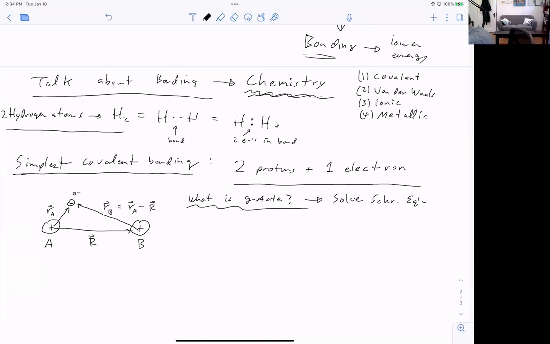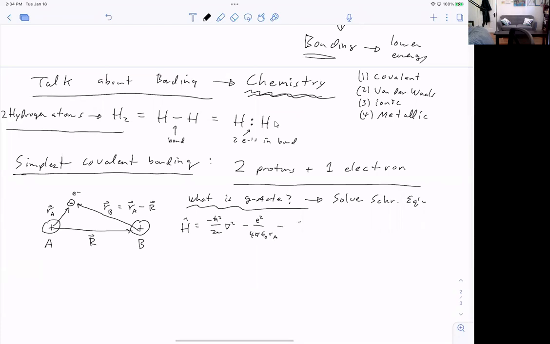And so for the Schrodinger equation, we have to write the Hamiltonian. That comes first. And so we know the Hamiltonian is going to be the kinetic energy of the electron, right? And the electron is going to be attracted to the first nucleus, negative e squared over 4 pi epsilon naught RA.